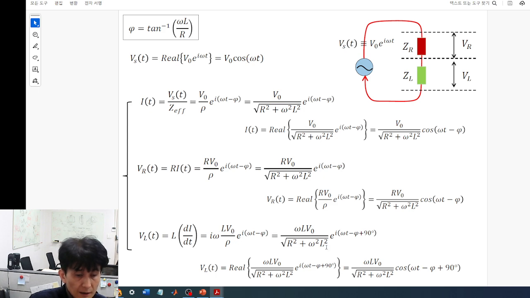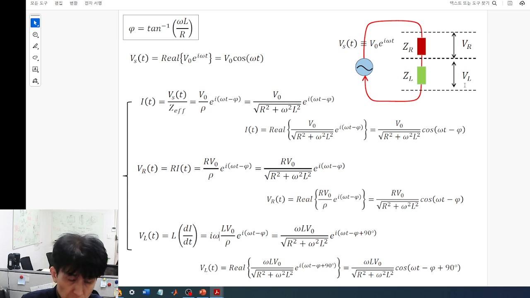As we have another i, we can express this with exponential i pi over 2, or exponential i 90 degrees. That's the extra phase term that appears in the voltage function at the inductor as a function of time.